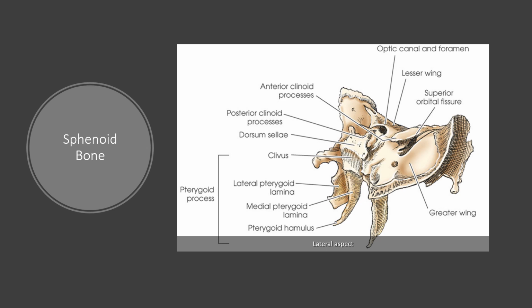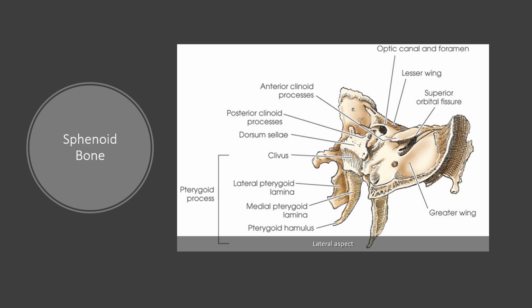The greater wing articulates and forms a suture with the temporal bone, and then the anterior portion of the greater and lesser wing forms the back of the orbit. So you see the crosshatch, see where it labels the greater wing? Now go to the right hand side of the slide. You see that part that's unlabeled and kind of crosshatched?